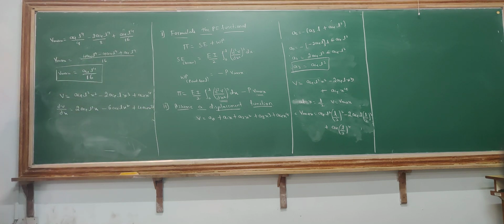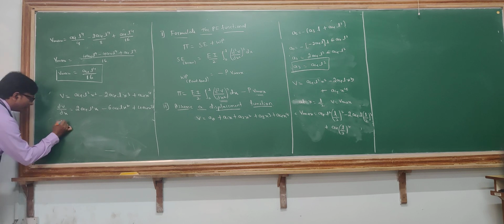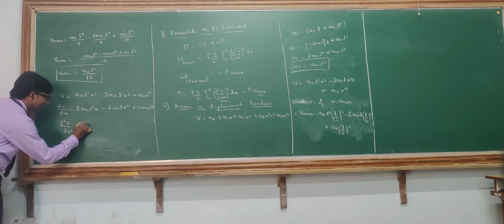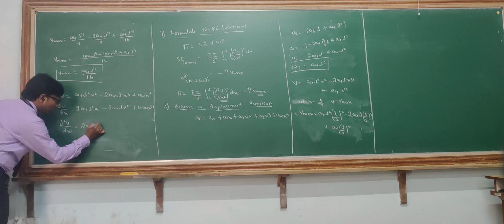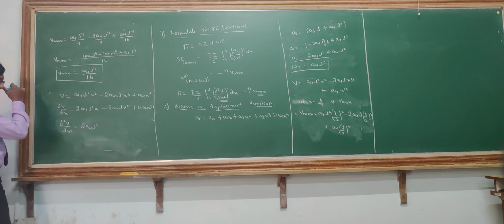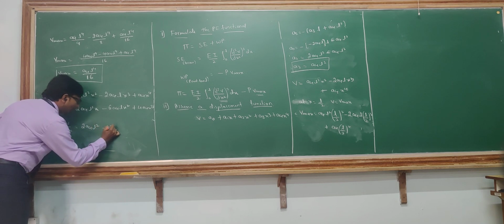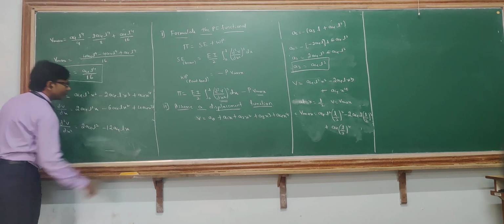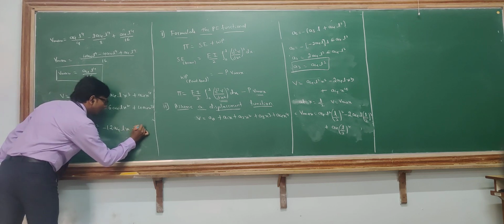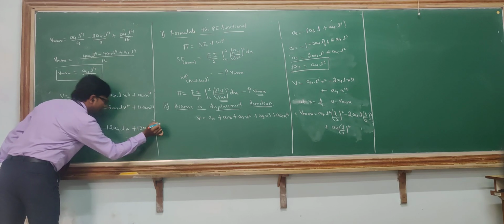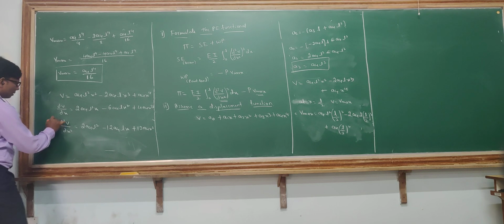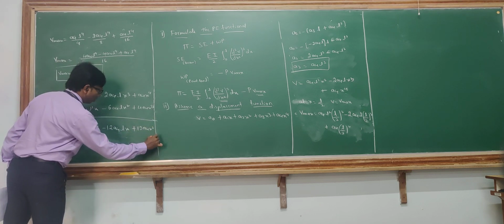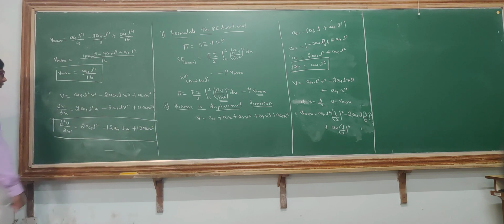Clear? Next we will be doing dou square V by dou x square. So we will be getting 2A4 L square, minus 12A4 L x plus 12A4 x square. So this is dou square V by dou x square.